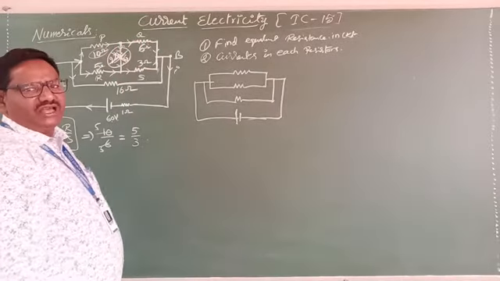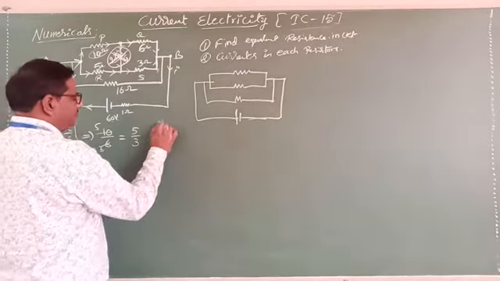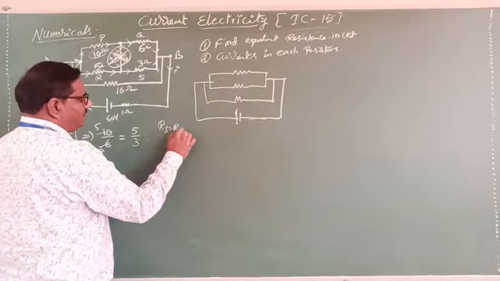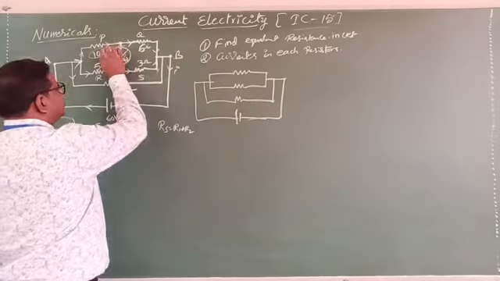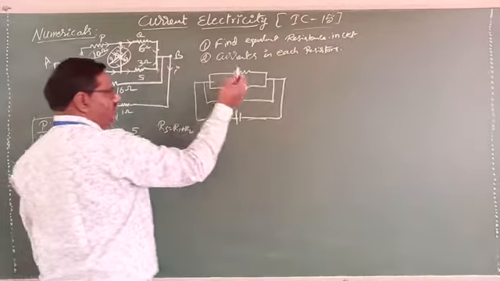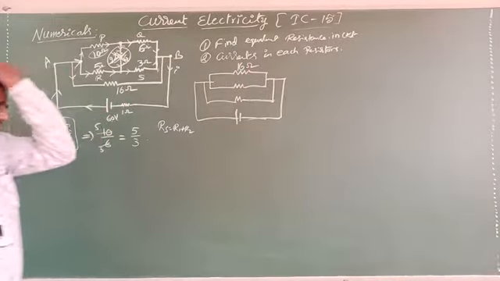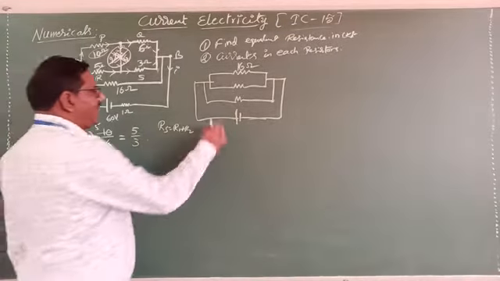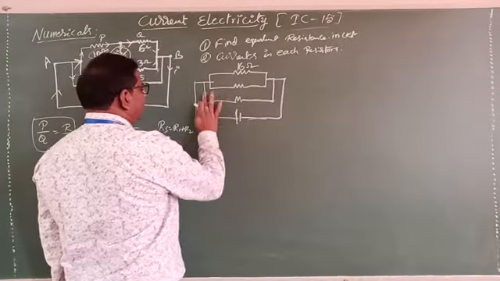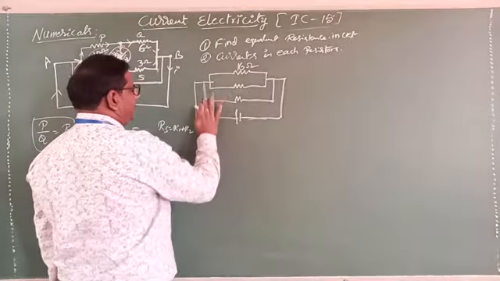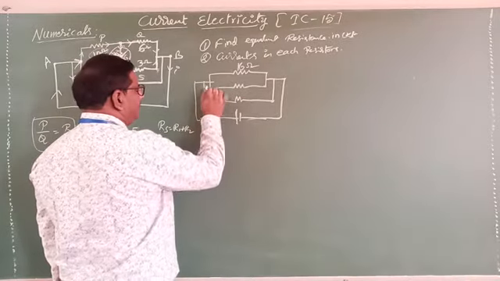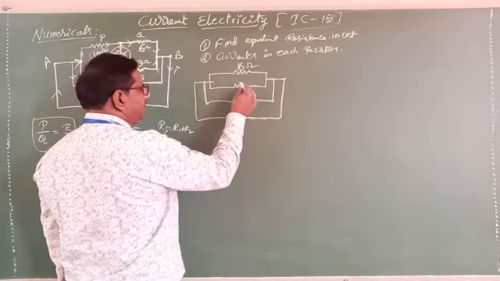In series, what is the effective resistance? RS equals R1 plus R2. Here R1 is 10 ohms, here 6 ohms. So totally 16 ohm resistance. Now, here the current will be I1. The same here I will write. Okay. Sorry, after that we will write.